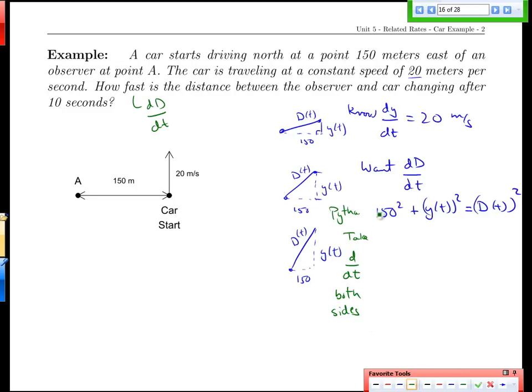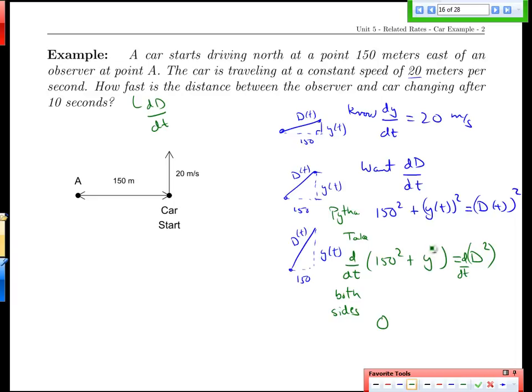So what we're going to do is take the time derivative of both sides. If we do that here, we're going to get the derivative of 150 squared plus y squared equals d squared. And of course we need that derivative still. And here's where we see the implicit differentiation really shine. The rate of change of 150 with respect to time, well, it's constant, so we get 0.